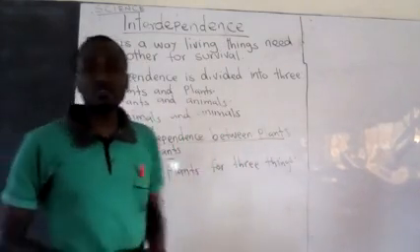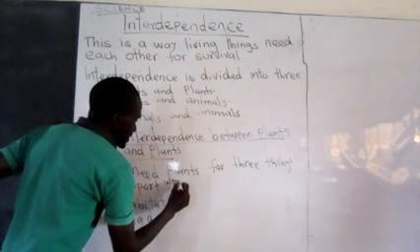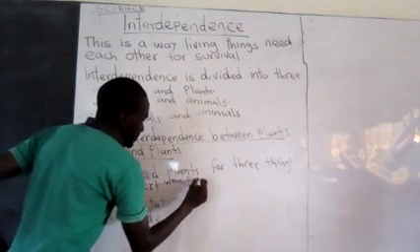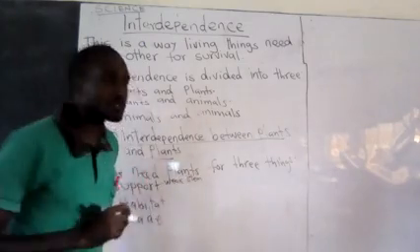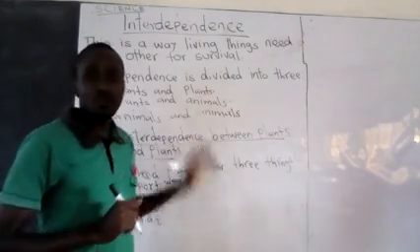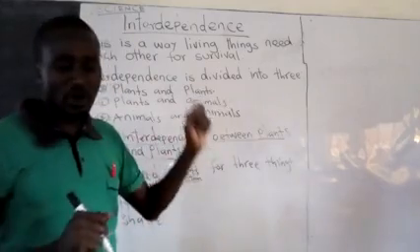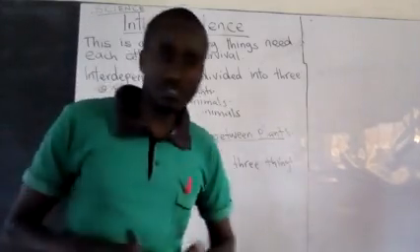There are those plants with weak stem, and there are those ones with strong stem. So plants with weak stem depend on plants with strong stem for support.